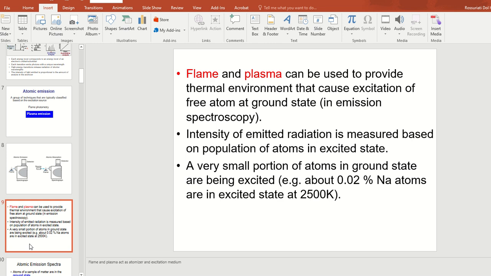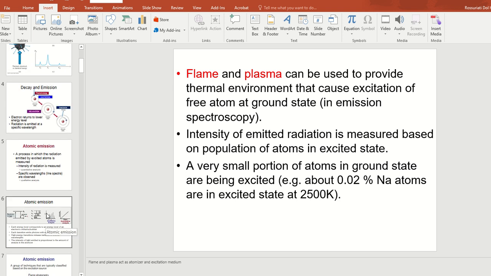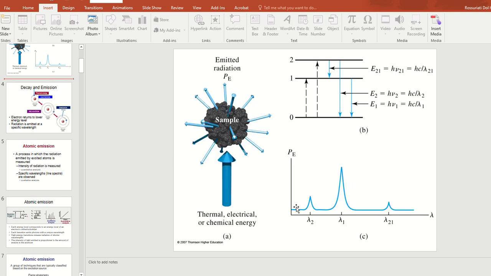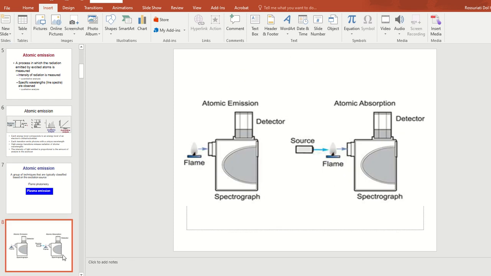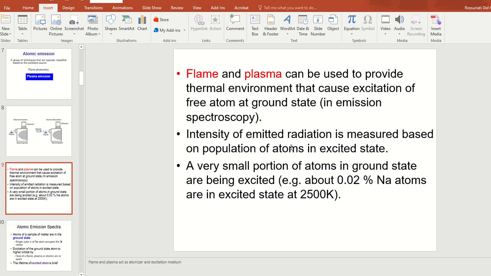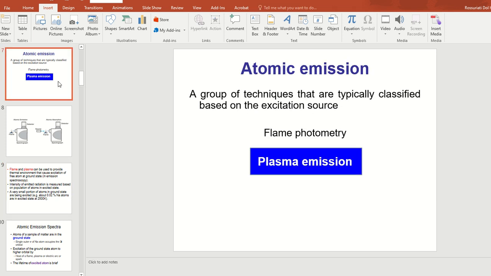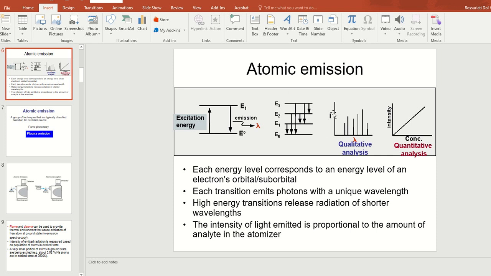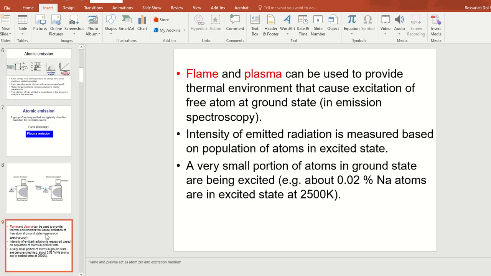One thing you have to remember also: in atomic emission, the intensity of radiation being emitted, measured on the y-axis here, depends on the population of atoms in the excited state. But in atomic absorption, the intensity of radiation being absorbed on the y-axis depends on the population of atoms at the ground state.